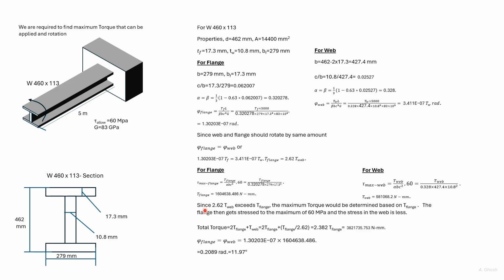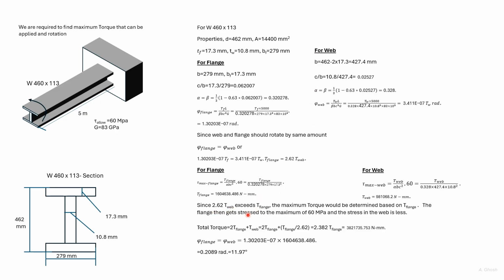Next, we take the torque that the flange can withstand and divide it by the ratio. And we find that the torque in the web will be less than the torque that the web can withstand. Hence, the web will be safe. So the maximum torque in the flange governs failure.